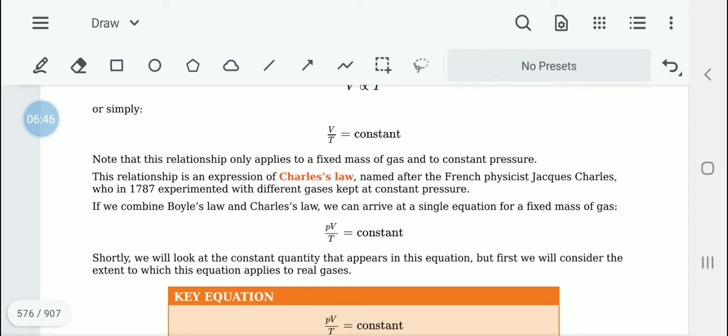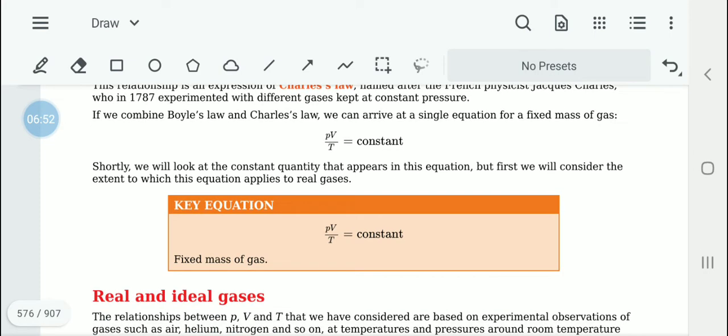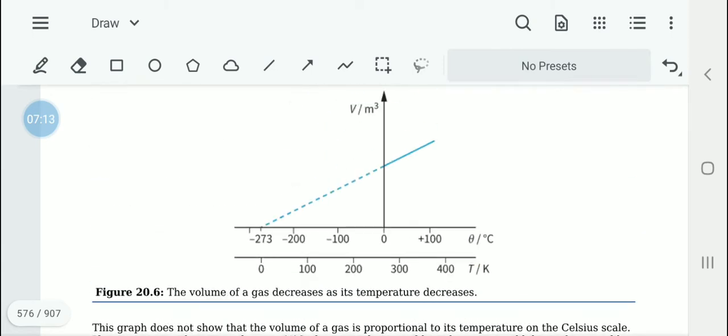So PV divided by T is a constant. This constant is taken as nR, and we will be discussing that later on. But for now, what you need to understand is that for a fixed mass of gas, PV upon T is a constant. That is another equation that you need to remember. Write down a note.